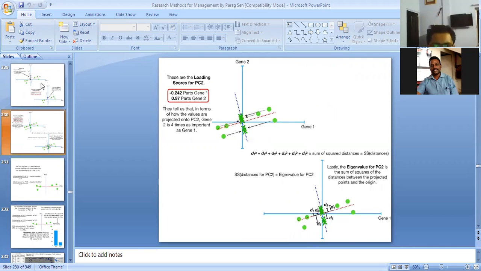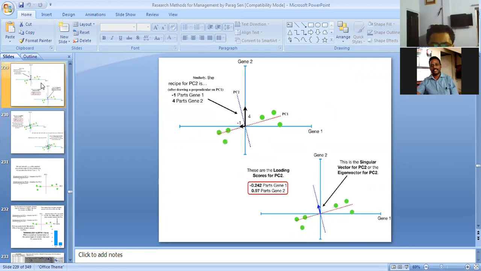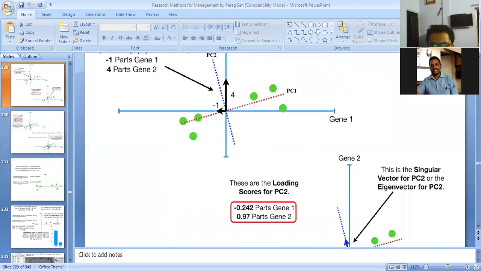Excuse me, sir. The screen is not visible, sir. I can understand that there is some net connection problem going on. Now is it visible?